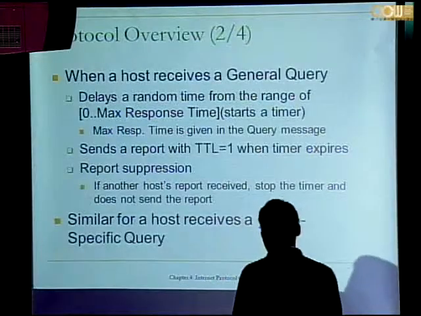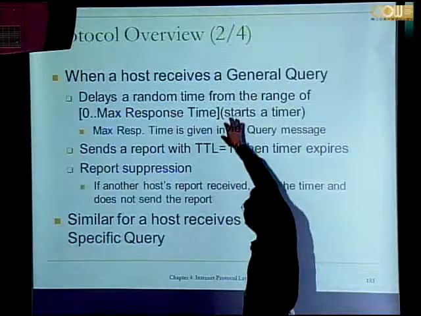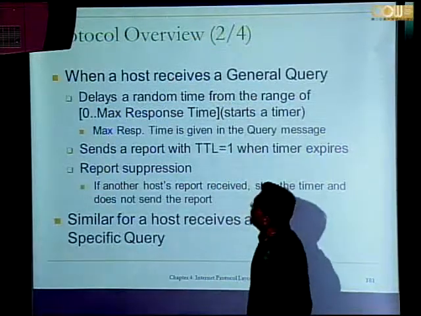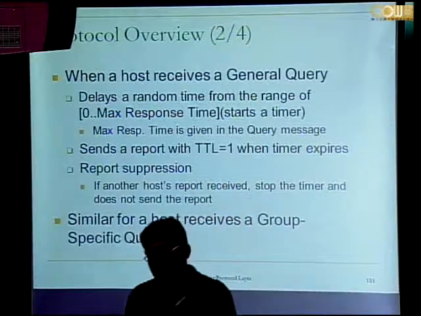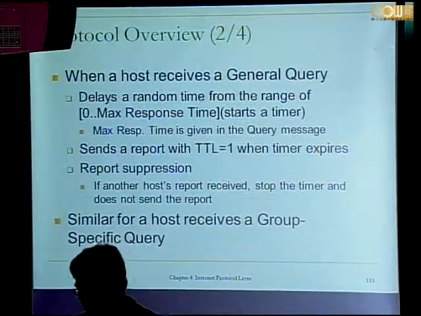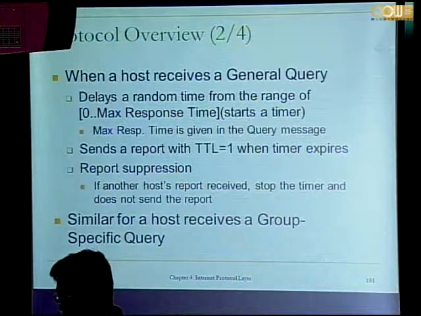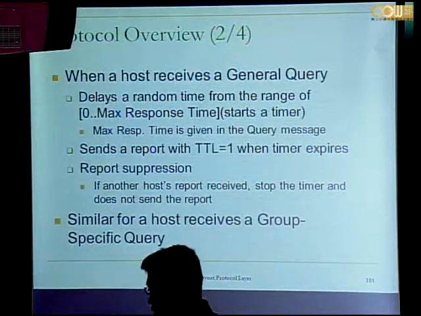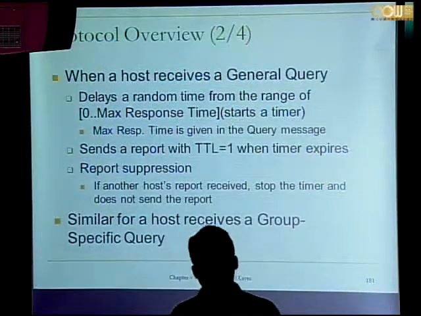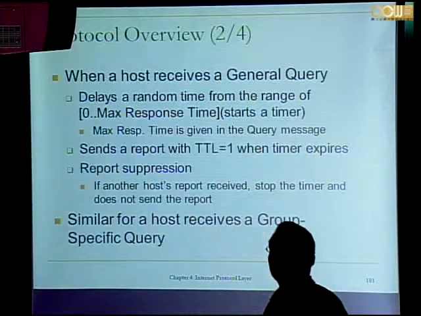So this report suppression is done by a small trick like this. Everyone picks a random time and then waits. The time doesn't need to be long, perhaps several milliseconds will be enough. Because it's in the subnet, it will be very fast, so within milliseconds it would do that.